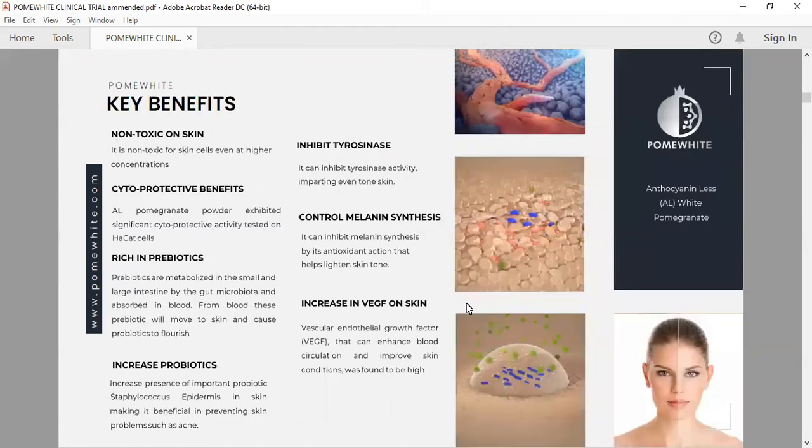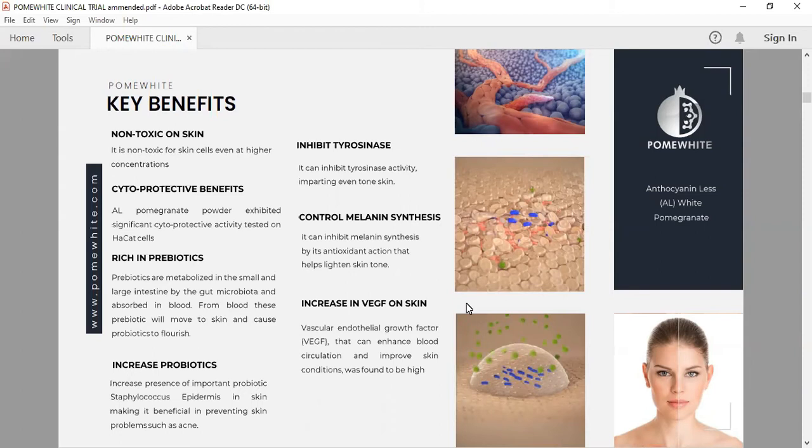The key benefits that can be extracted from the anthocyanin-less pomegranate include the following in vitro findings. We have checked it at different concentrations on skin cells, and it is proved that even at a higher concentration, it is non-toxic to the cell.